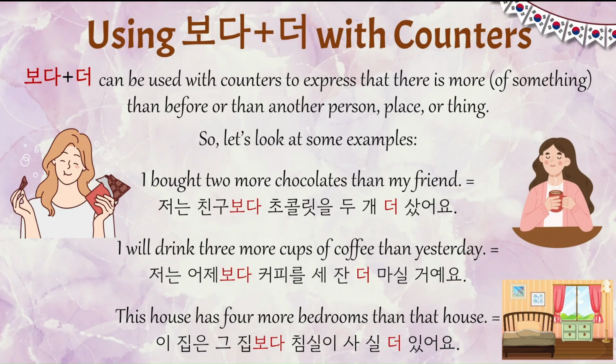One important thing here in the last example, 실 is the specific counter that is used for rooms. However, in daily conversation, many Koreans use 개 as a general counter instead of the specific ones. Okay, 개 we all know is the general counter. The one that we have used over here in the first example, 초콜릿 2개. So 개 is a general counter that is very commonly used for counting many things in the Korean language.